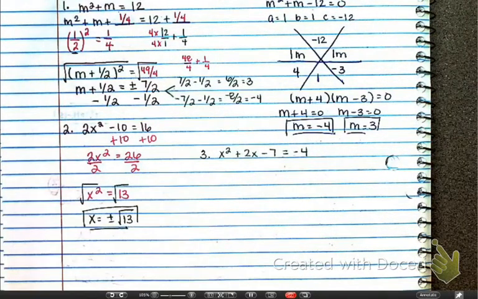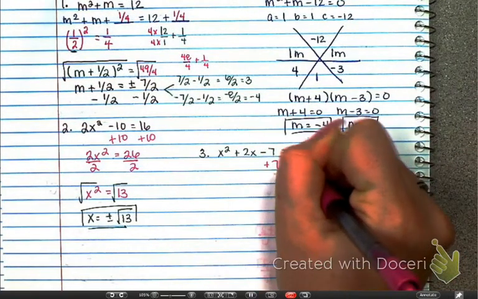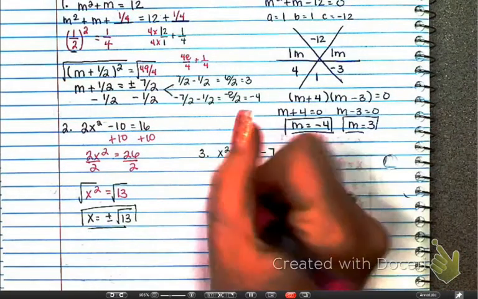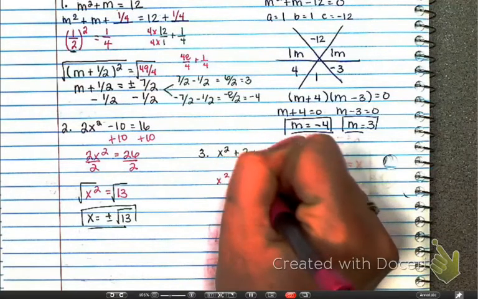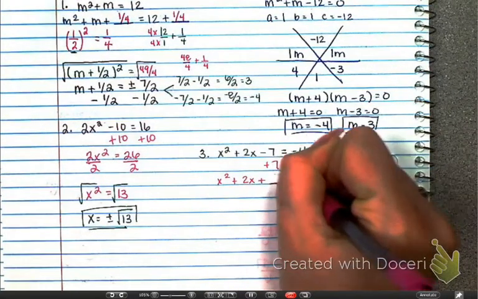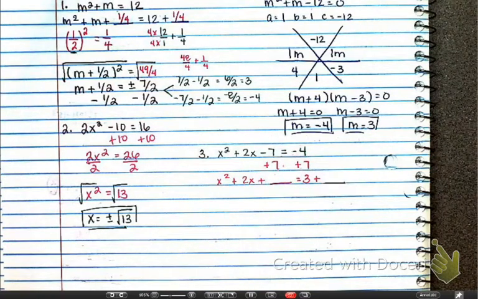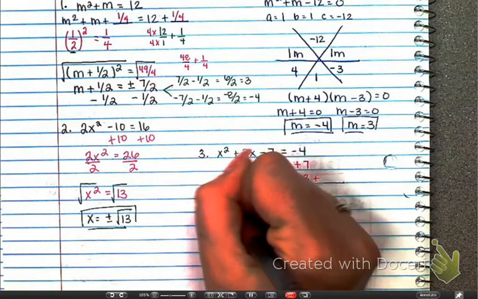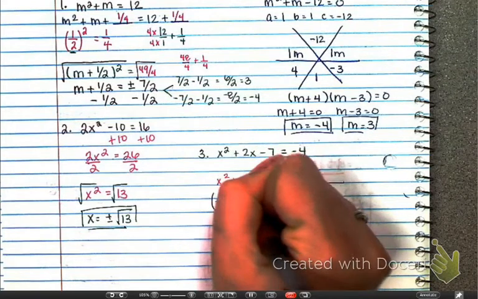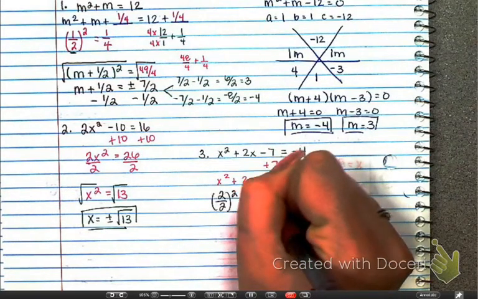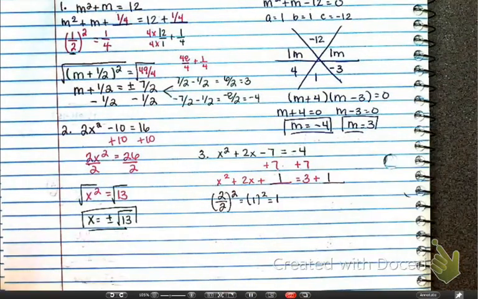So in order to do that, I have to add 7 to both sides, giving me x squared plus 2x plus something equals 3 plus something. And to fill in that blank, it's b divided by 2 squared, which is 1 squared, or just 1.